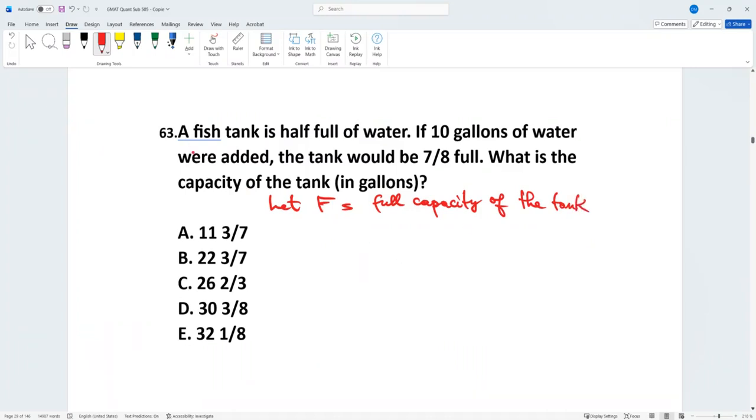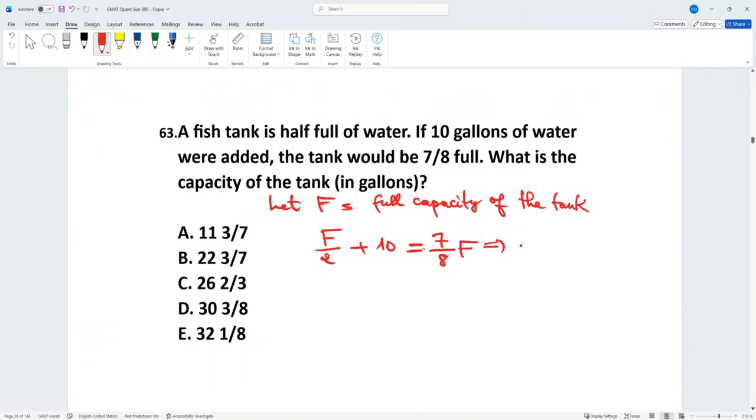Okay, so now here the first sentence says a fish tank is half full. So it's F over 2. If 10 gallons of water were added, so plus 10 gallons of water, the tank would be 7/8 full. So that will be 7/8 full, like this.